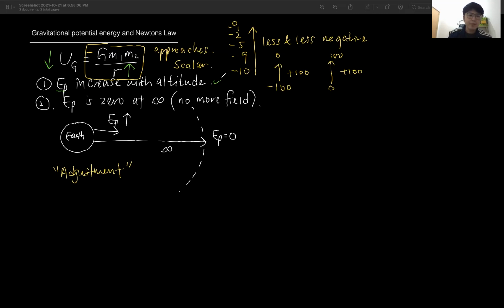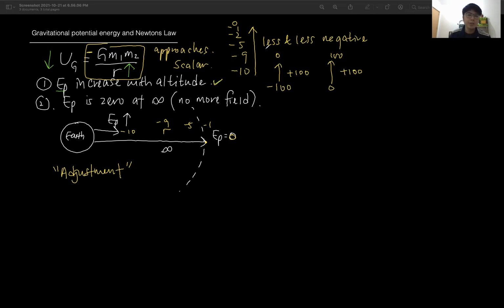Now it fulfills my first point, and also my second point, which is EP is 0 at infinity. As I increase R large enough, at some point out here, it will reach 0. So you have -10, -9, -5, -1, and 0. This is the reason why we add a negative in front.